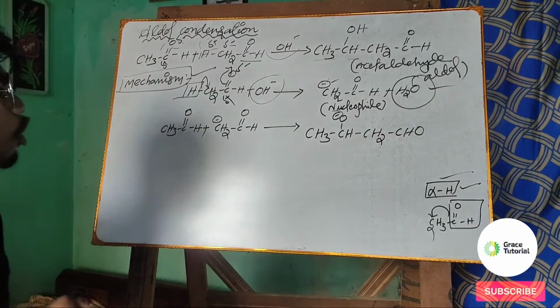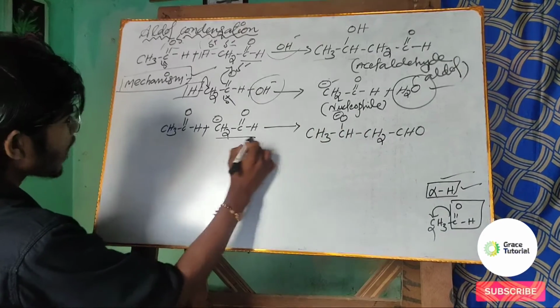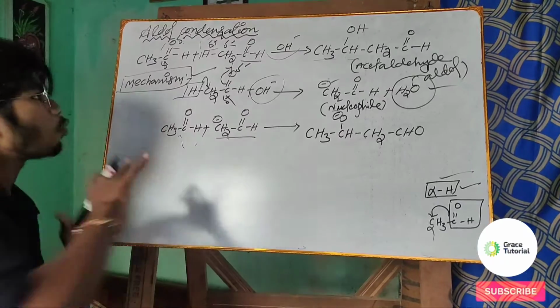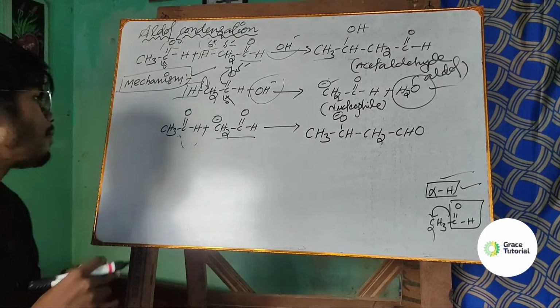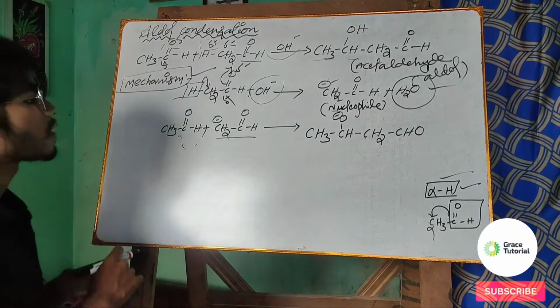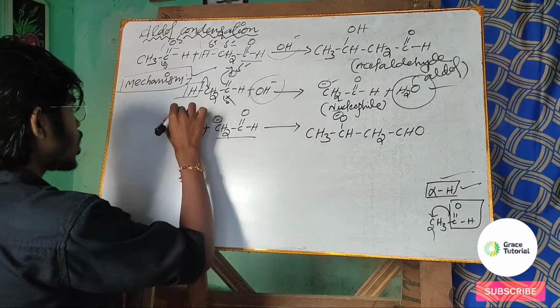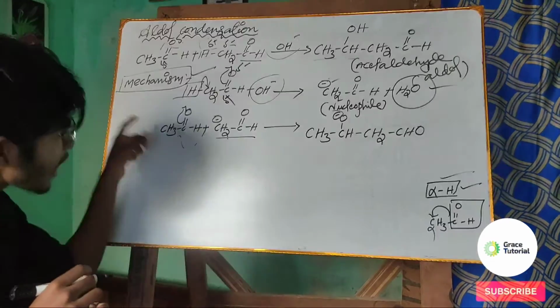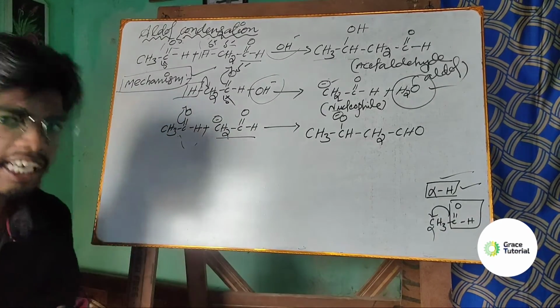In the next step, the nucleophile which is obtained reacts with acetaldehyde once more. Why? Because here we have taken the mixture of acetaldehyde. So when this nucleophile reacts with this acetaldehyde, the shared pair of the electrons here will be attracted more towards the oxygen atom, since it is highly electronegative.